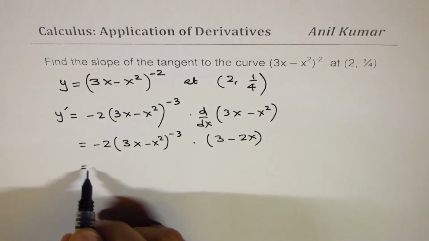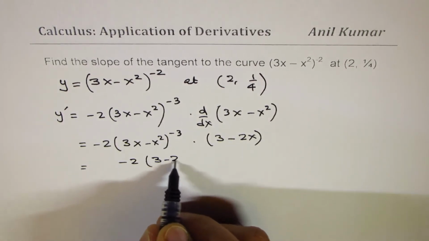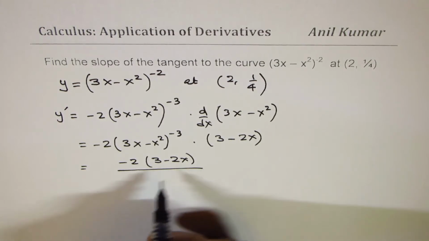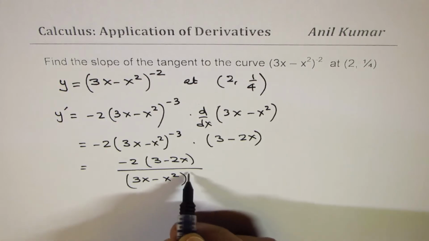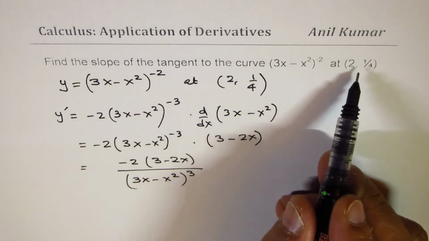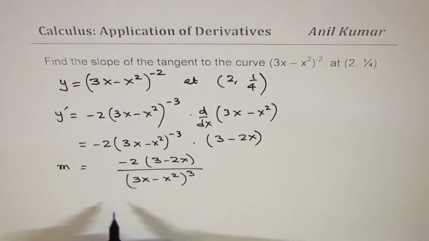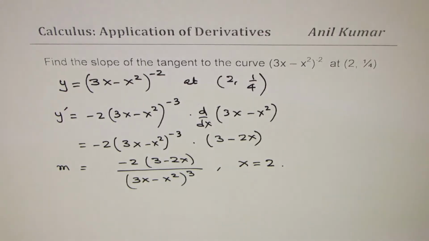So you could write this as minus 2 times (3 minus 2x) over (3x minus x squared) to the power of 3. We need to find the slope of the tangent at this point. So that is the slope m. Now we'll just substitute x equals 2 in this equation.